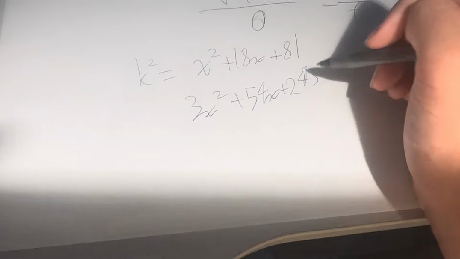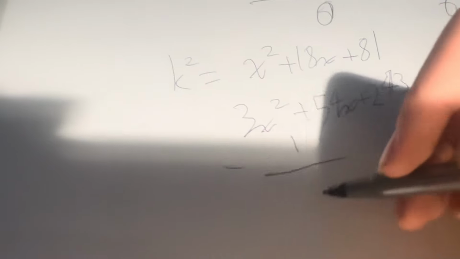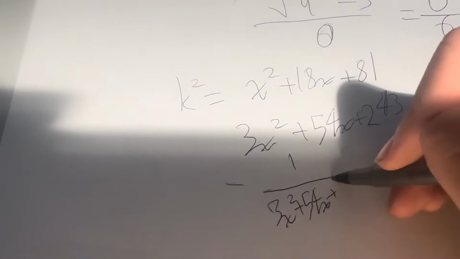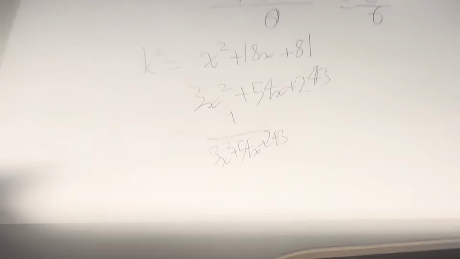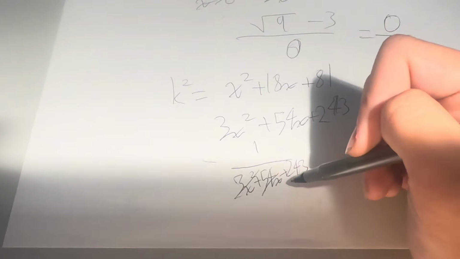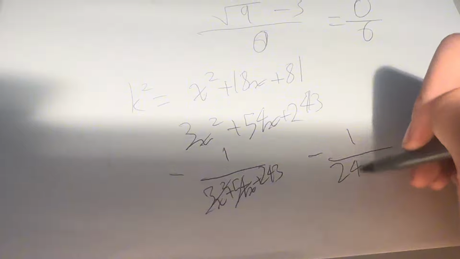Oh yeah. And then the final answer should be negative 1 over this whole thing. And then we plug 0 in, those terms are nothing, and then the final answer should be this.